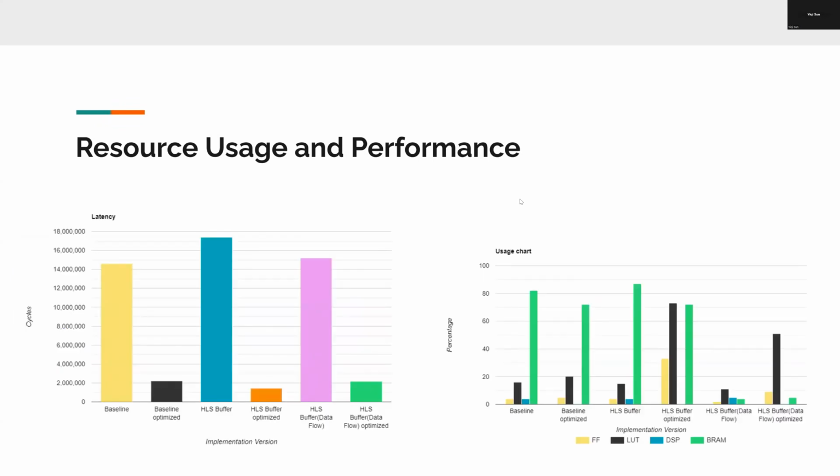In order to let everyone see the differences between the various designs more clearly, we made the collected data into 2 charts. The left one is about the latency, and the other one is about the area usage.